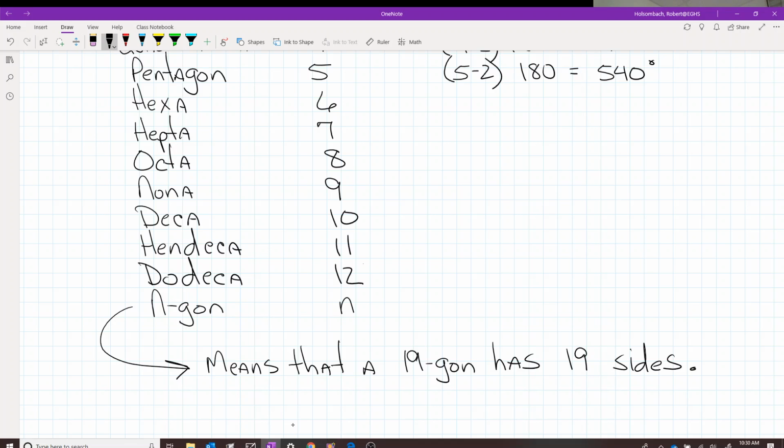A hendecagon can also be called an 11-gon. Okay? In the book and on the quizzes, they typically use the names up to decagon. And then after 10 sides, it seems like they start calling it an 11-gon, 12-gon, 13-gon, 14-gon, whatnot. Got it? So if you know the number of sides, you subtract 2 from it, you multiply it by 180, and that gives you the sum of the interior angles.